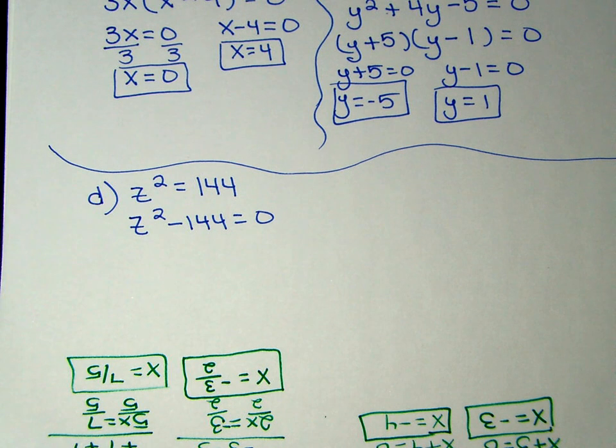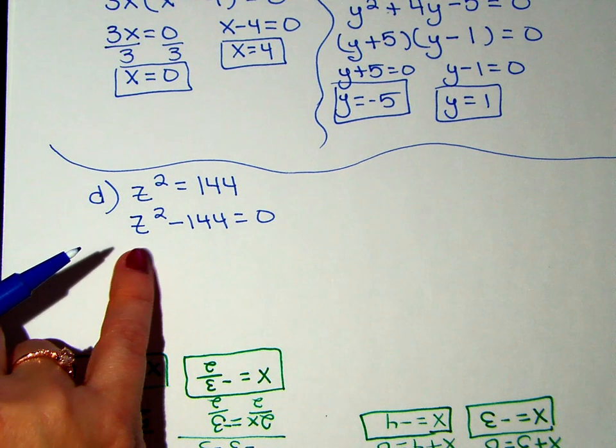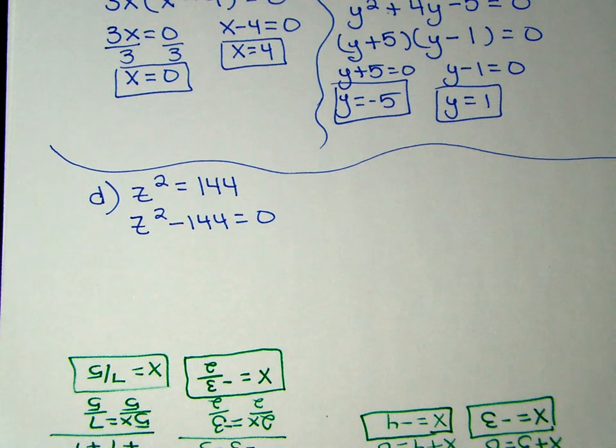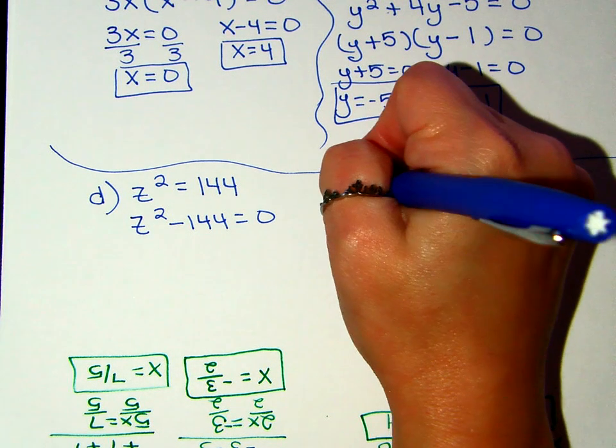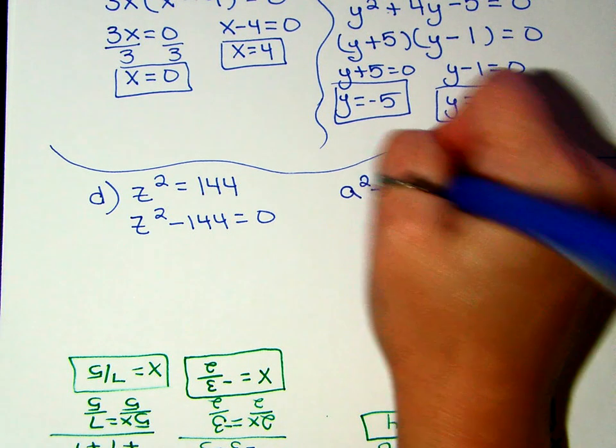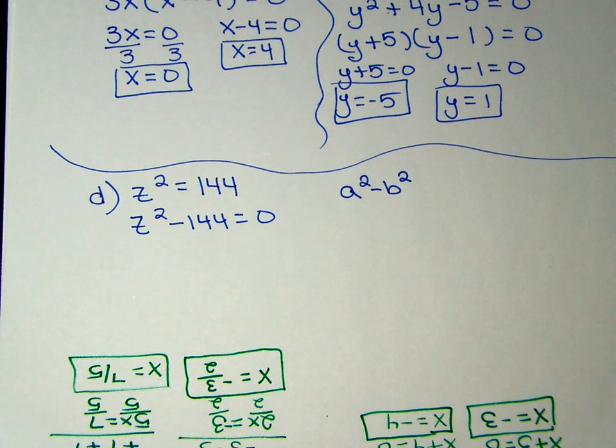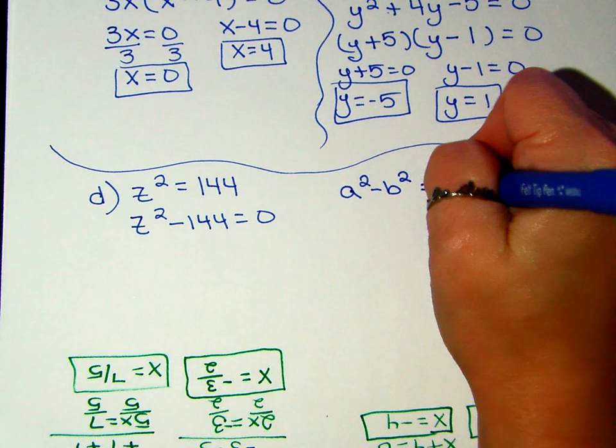Now, what does this look like? We have something squared minus 144. And we had something in a previous section, difference of squares, where if it looks like a squared minus b squared, this can factor into a minus b, a plus b.